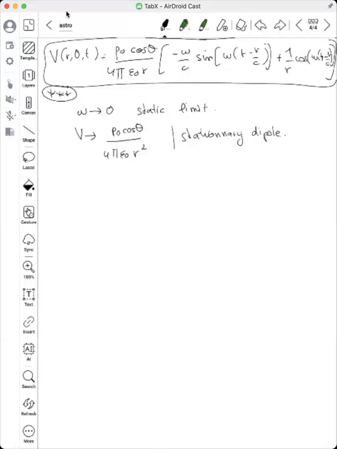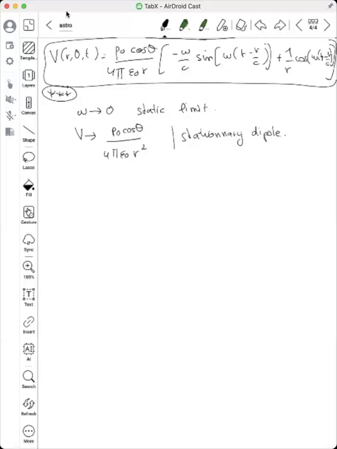Okay, so you agree when you bring in this expression of V the omega to 0, we are back to the static case. But it's not quite enough yet, as I said.